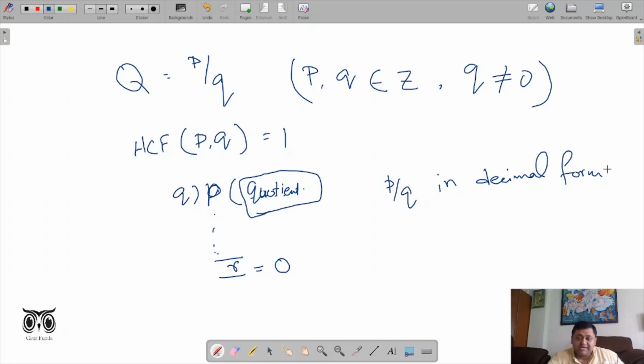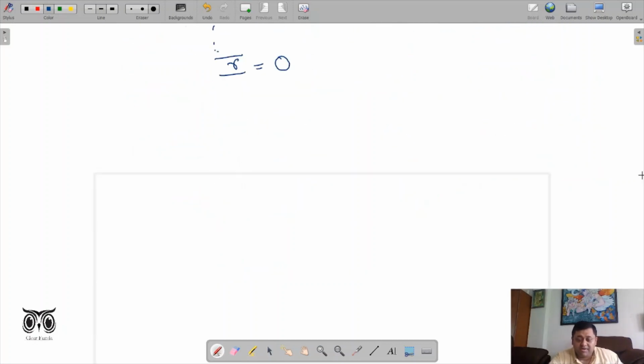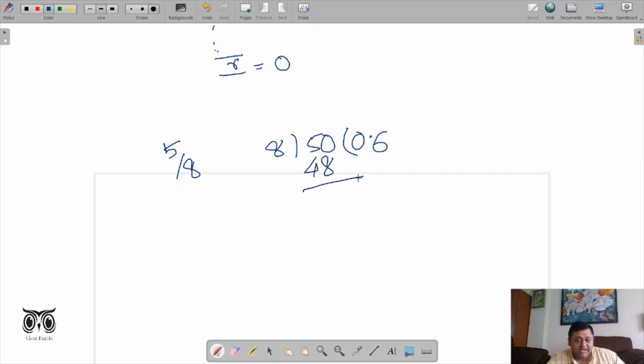Say there is a number like 5 by 8. So if we actually divide 5 by 8, what do we get? Since 5 is smaller than 8, we have to put a point, first place a 0. So this becomes 50. So then we put here 6. 6 8s are 48. So we get 2, because we have put a point, so automatically the 0 comes.